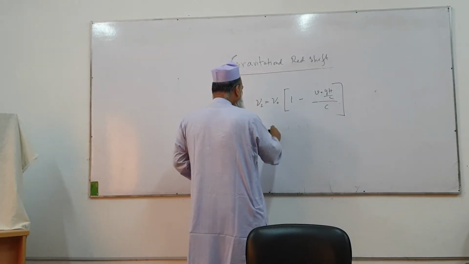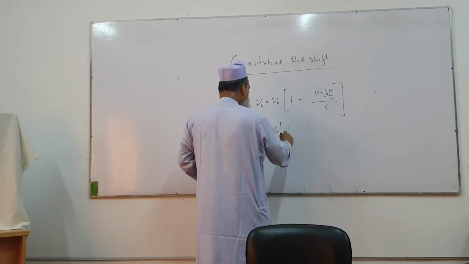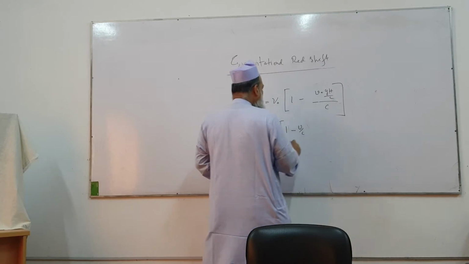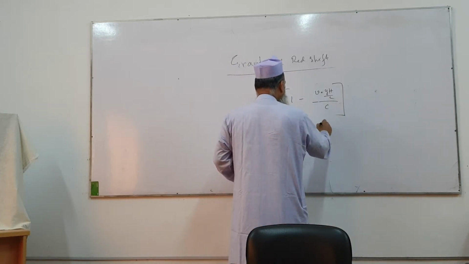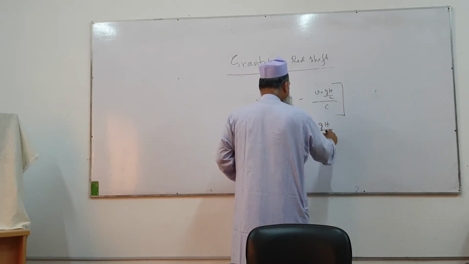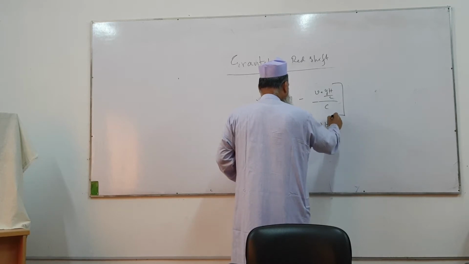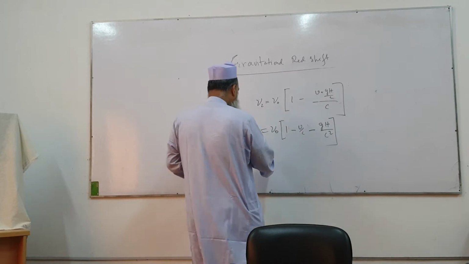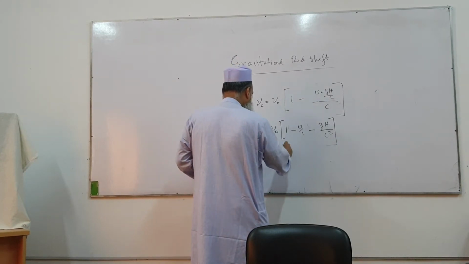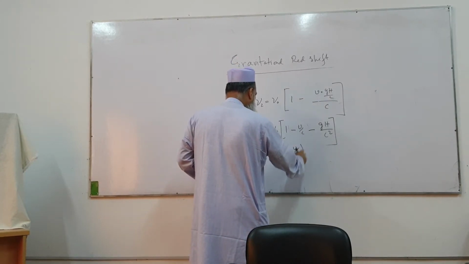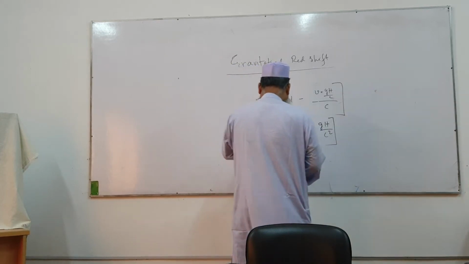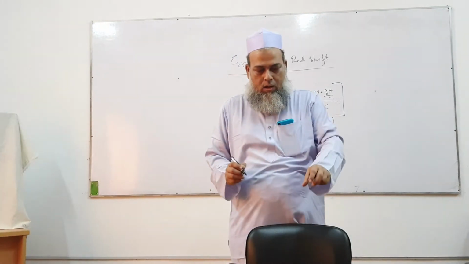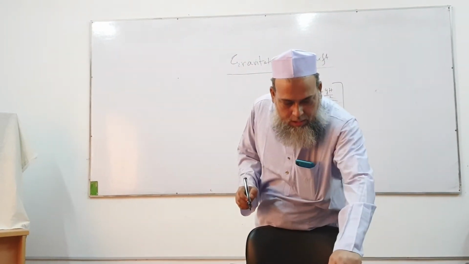You can write this as nu naught times 1 minus v by c minus g h by c square, or you can write nu naught 1 minus v by c. Let me see the formula.